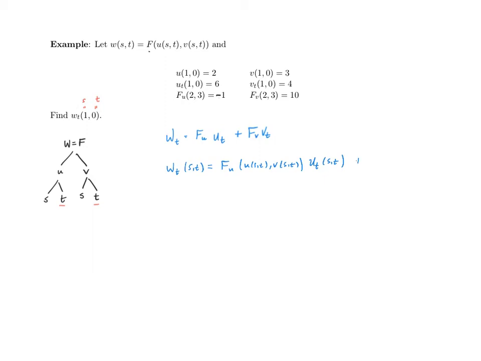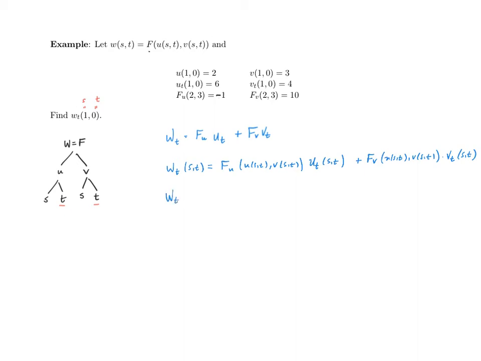Then we add on a corresponding term with that f sub v. So u of st, v of st, multiplied by v sub t of st. So we see precisely now that st dependence.